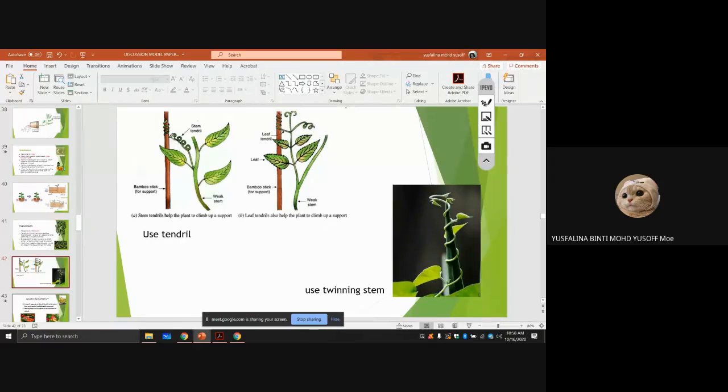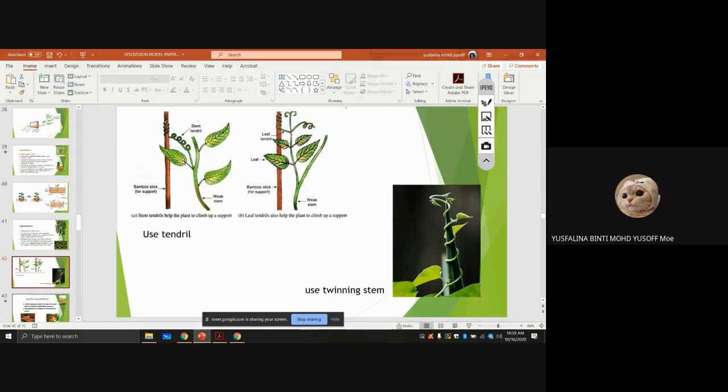This is the example. You can see the plant winding around the bamboo stick. This is for support, and it is called thigmotropism. Why? This helps them get more sunlight, and for support. Usually the plants that use this kind of thigmotropism have a weak stem.